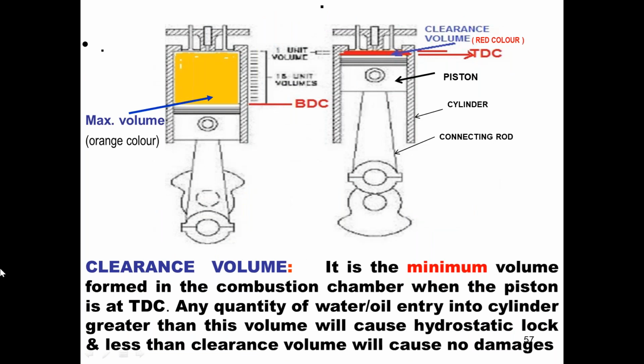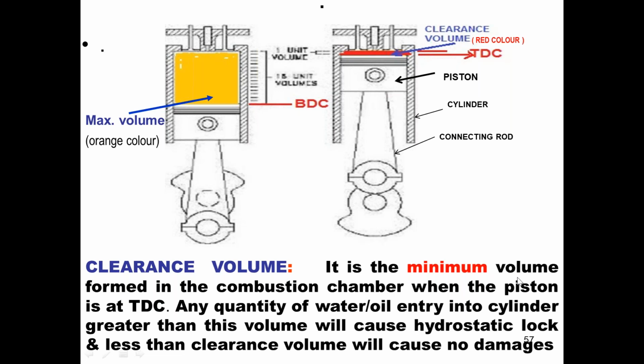Here you must understand the clearance volume, which plays a very important part in the hydrostatic lock position. Maximum volume you see here, orange color. Then in the red color you see the clearance volume. This is the top dead center, TDC, of the piston, and this is the bottom dead center, BDC, of the piston.